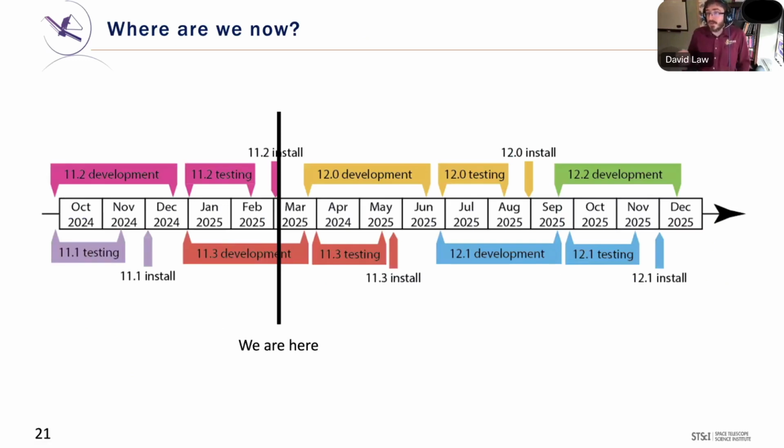So if you're interested in a look forward about where we have been and where we're going, essentially we're here. We just got 11.2 installed, as I said. We're working on 11.3. Soon we'll be moving over into developing what we're calling Pipeline 12.0, and there's a constant chain of builds about every 3 or 4 months or so over any given year.